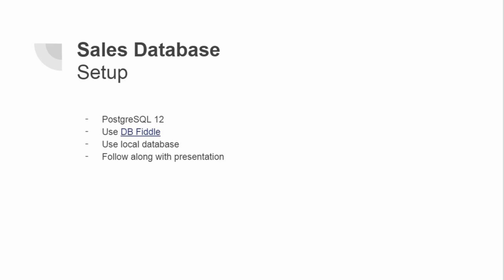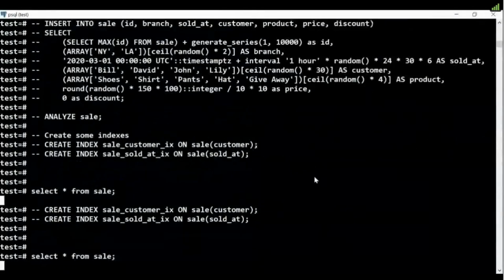You can just paste it in some database. I'll try to show it to you. This is also going to be the first time I share my screen. So you can just log into PostgreSQL and paste the script, and you should have a sale table.